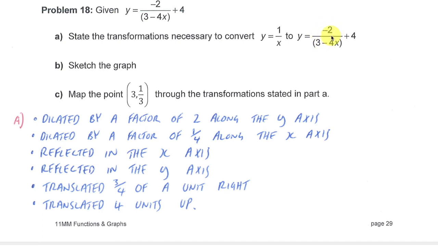There'll be a point on that graph. That's what I've achieved by mapping that point through the transformations. This is a very difficult question for you to understand, but if you can get your head around it, it really helps you be able to apply transformations on those simpler questions.